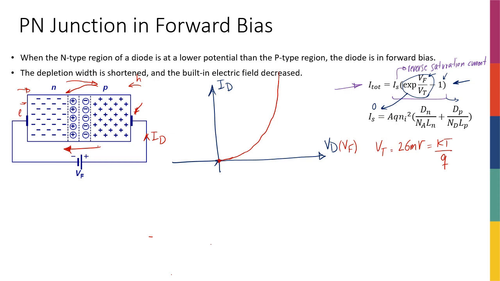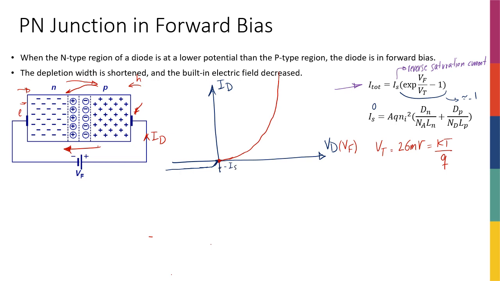So very soon, this entire bracket is going to be approximately negative 1 because the exponential term becomes approximately 0. So very soon this thing saturates to a level equal to negative IS.